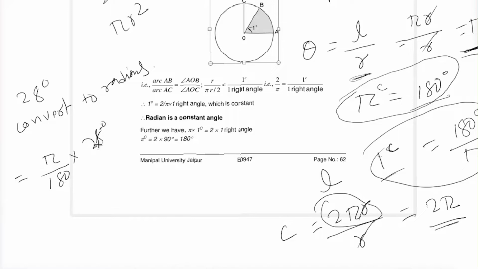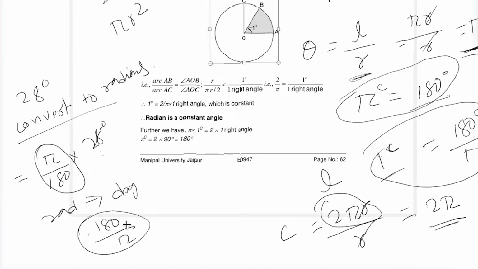Got it? And if you want to convert in reverse, radian to degree, then you have to multiply by 180 by pi. Just do it in reverse.